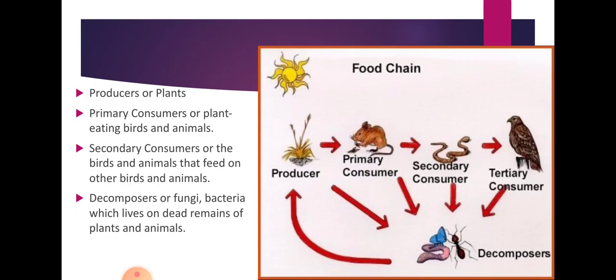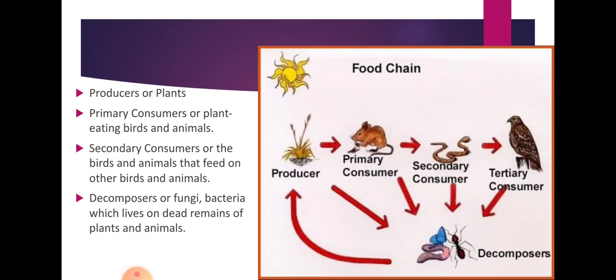And what happens after decomposing, as I told you earlier, the minerals or nutrients that the plants got from the soil get mixed with the soil. The gases that they got from the environment are also released into the environment.